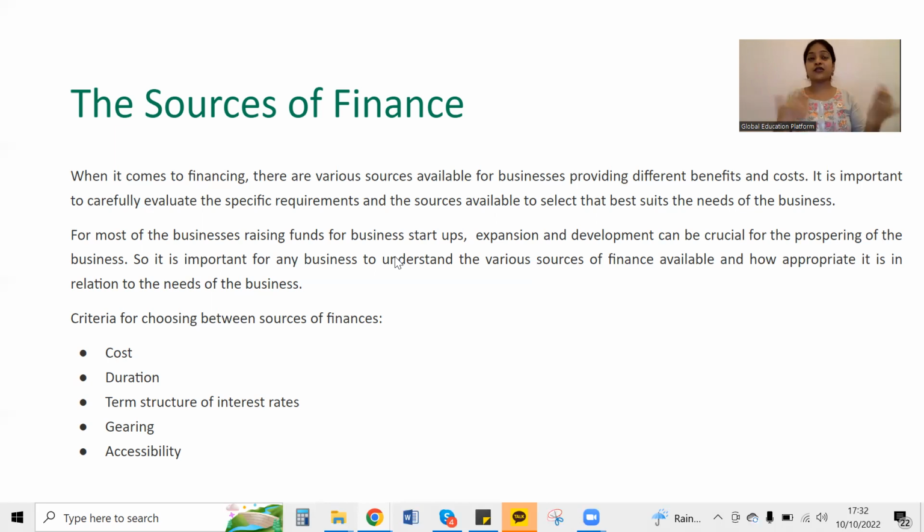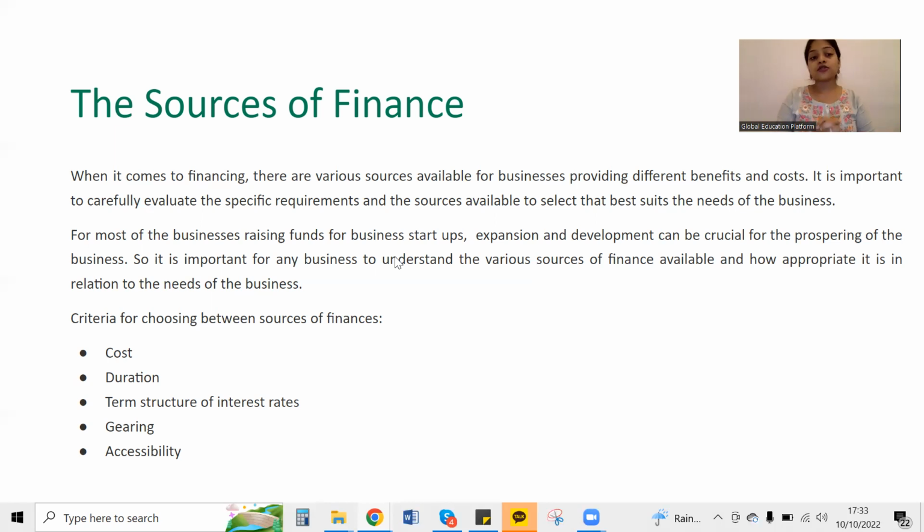You don't have to go external, asking for a bank loan, or some sort of debt or something like that. So the type of business is a very important concept when it comes to considering the sources of finance.